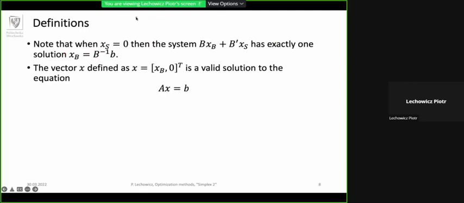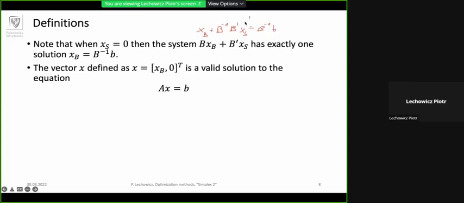So if we express this as xB plus the inversion of B matrix multiplied by B prime by free variables, this is equal to the inversion of the basic matrix multiplied by the right-hand side of the equation.